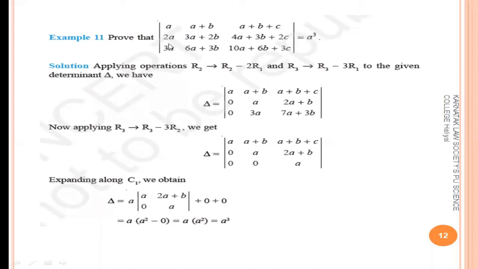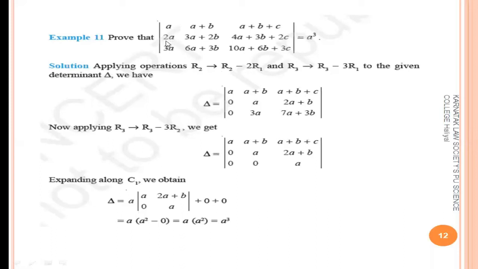Here we try to make the elements 0, because expanding the determinant directly is not easy. So with the help of operations, we simplify it to 0 to make the calculation easy. Applying the operation here, R2 minus 2R1, because in R2 the 2A term is there.